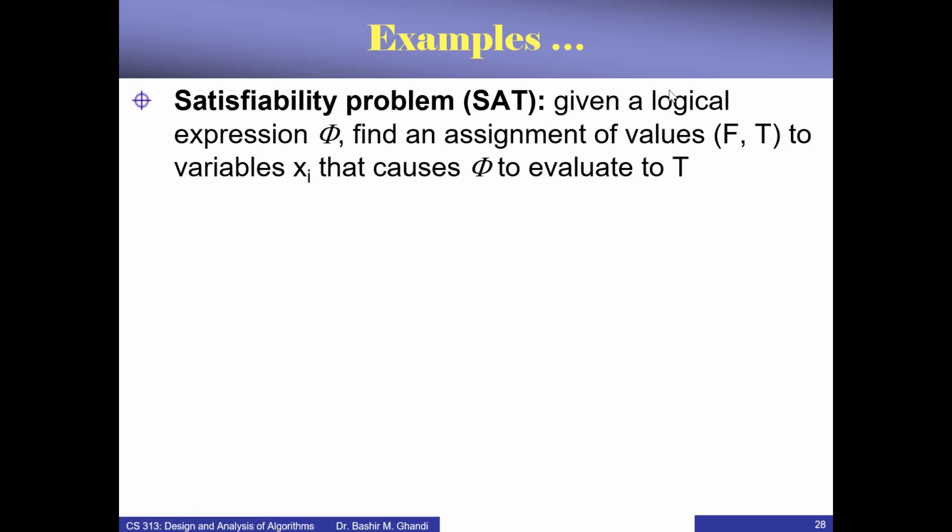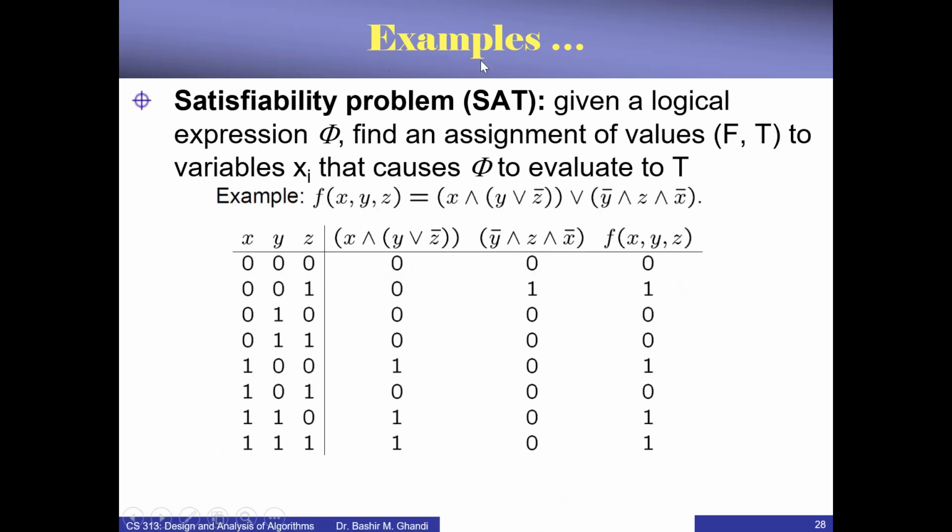It's better understood through an example. Suppose we have a function f that takes three variables x, y, z, and you can see its logical expression consisting of the three logical operators and, or, and not.